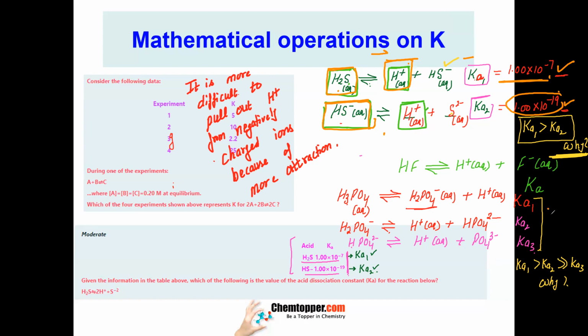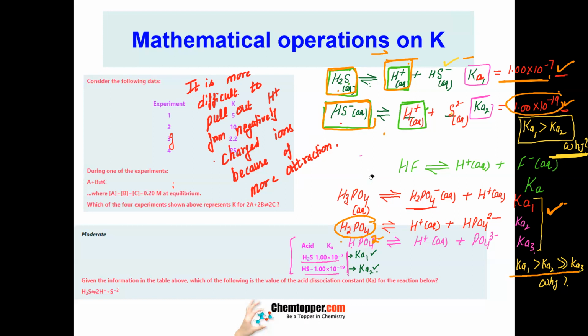And the same thing will happen here. If somebody asks you to put them in the order of stronger acid to weaker acid, which one is the strongest here? You can see the order of Ka values. Ka1 is more than Ka2. Why? Because in Ka1, you are pulling out hydrogen from a zero charged species. Here, you are pulling out hydrogen from minus 1. Here, you are pulling out hydrogen from minus 2.